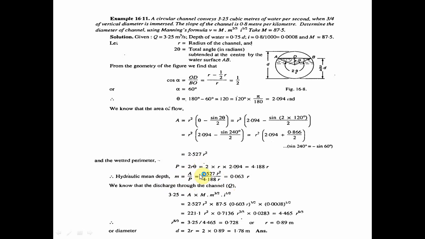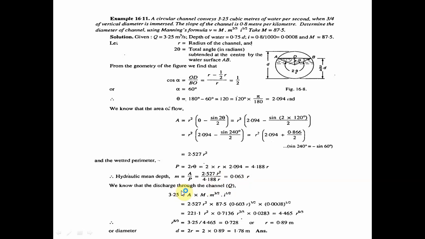Therefore, P equal to 2 into R theta, that is equal to 2 into R into 2.094, that is equal to 4.188 R. Hydraulic mean depth M is equal to A upon P, that is equal to 2.572 R square divided by 4.188 R, that is equal to 0.603 R.